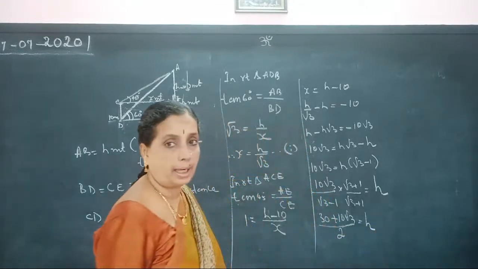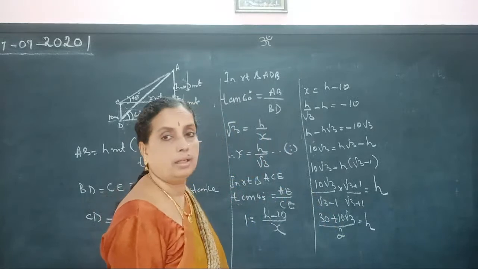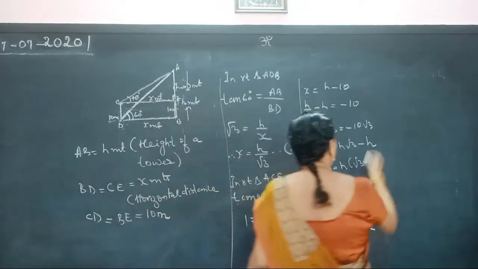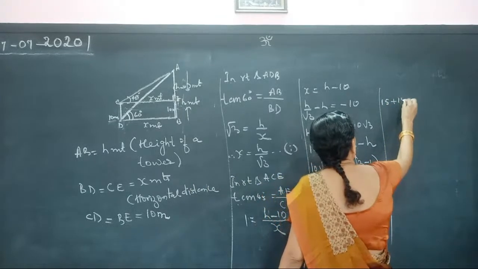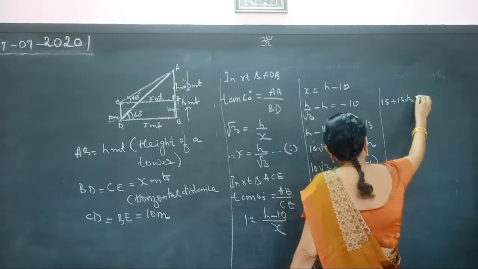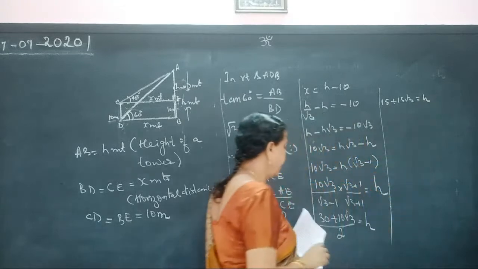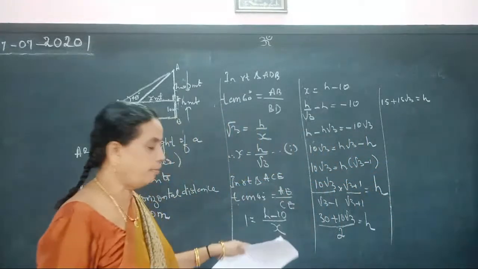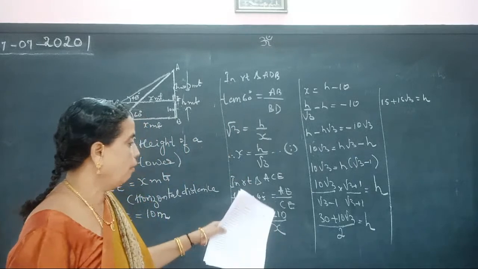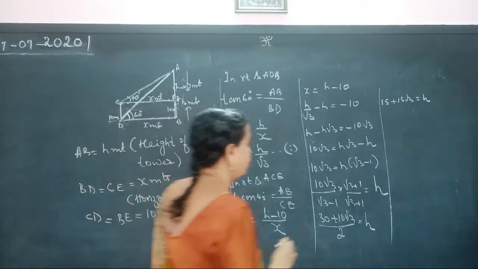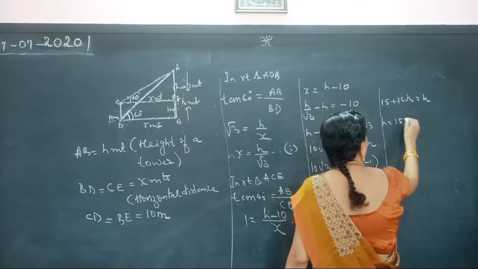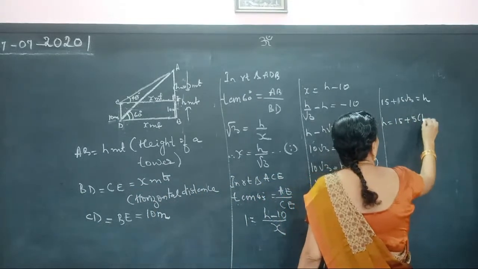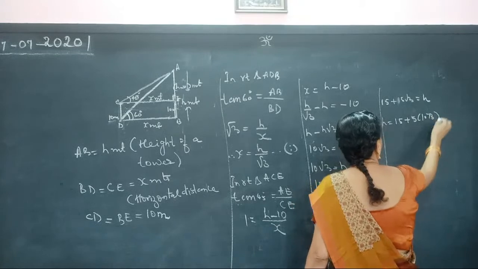Okay, now here 10 root 3 into root 3 is 30 plus 10 root 3 by 2 equals h. You cannot add them up, you can take only the common factor. If I take two as common factor, it becomes 15 plus 5 root 3 equals h, because taking two common factors, it will cut with the denominator part. So now h equals 15 plus 5 into 1.73.